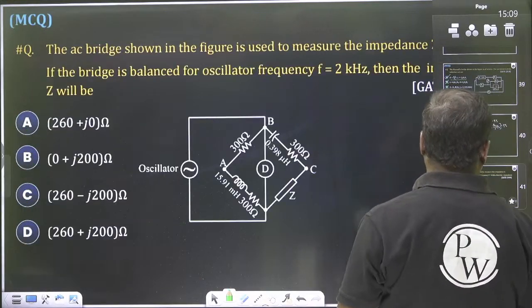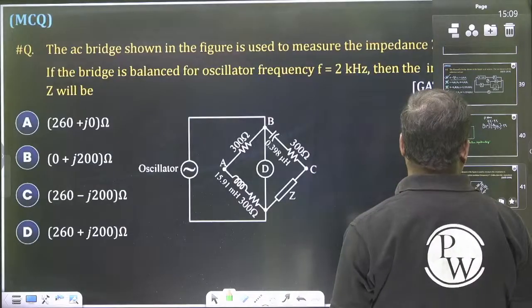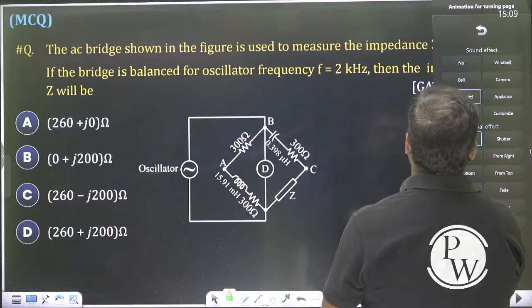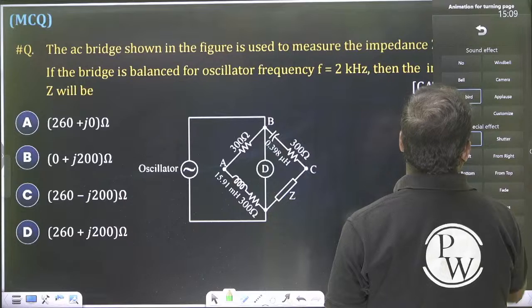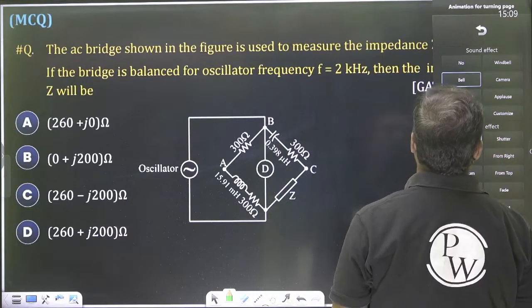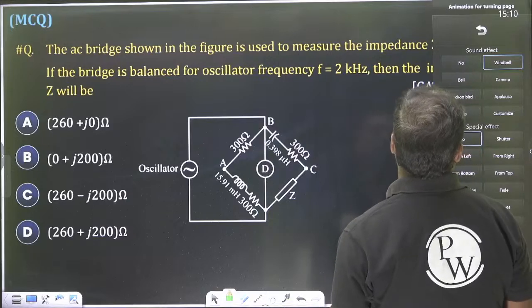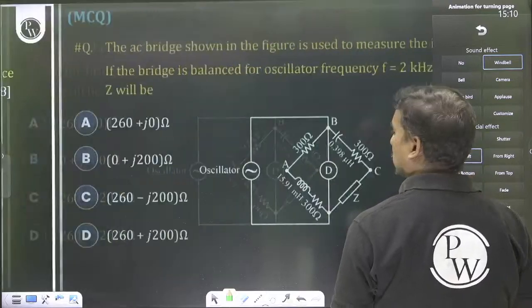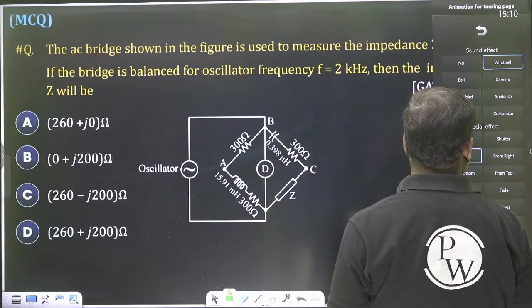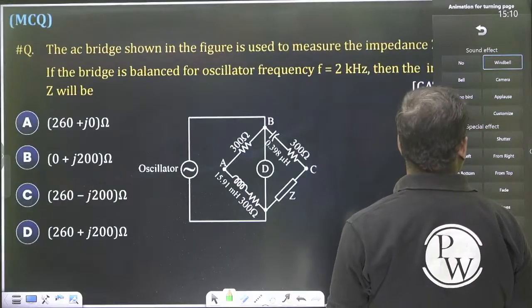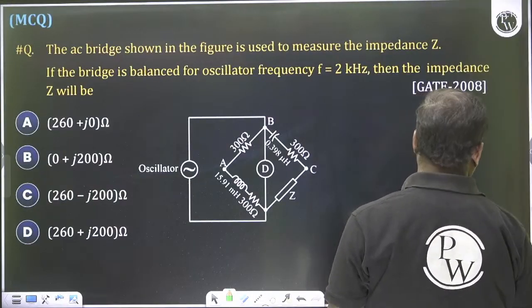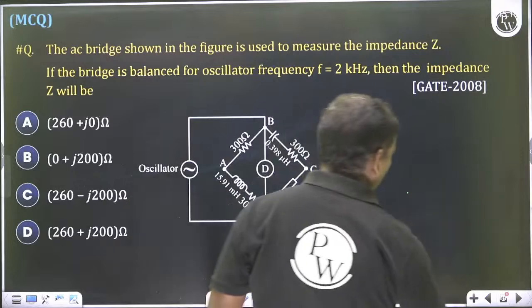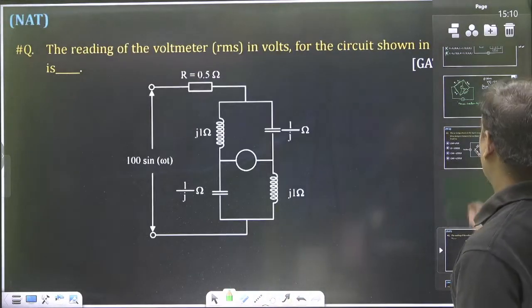Try to answer this question. Okay, try to answer this question. First answer this question.